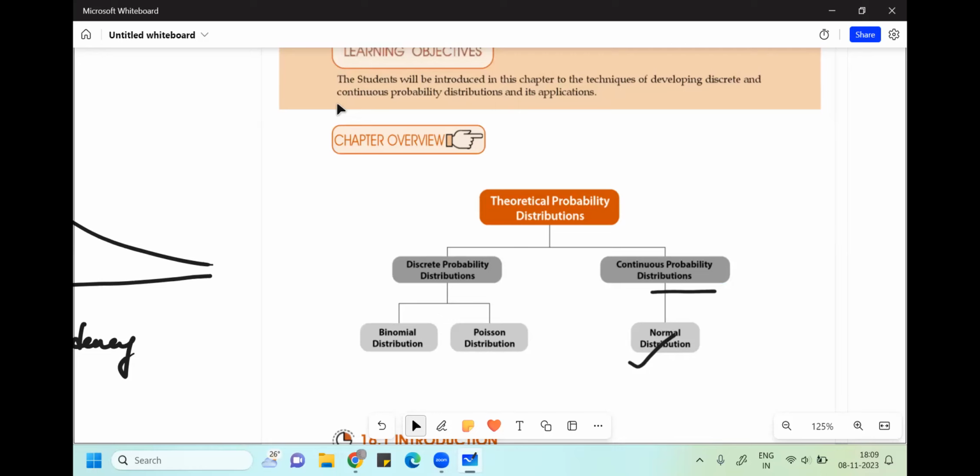I hope you remember. That's how the words class boundary, lower class boundary, upper class boundary came, where lower class boundary is lower class limit minus d by 2, and upper class boundary is upper class limit plus d by 2.